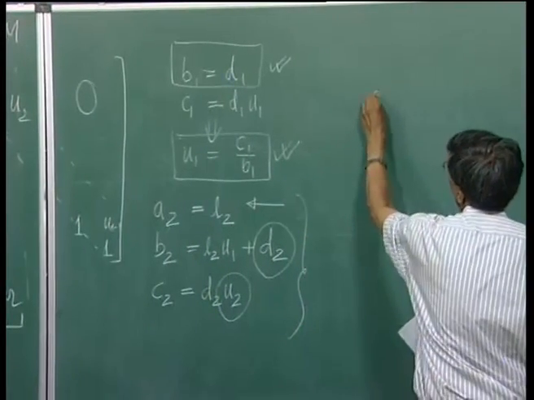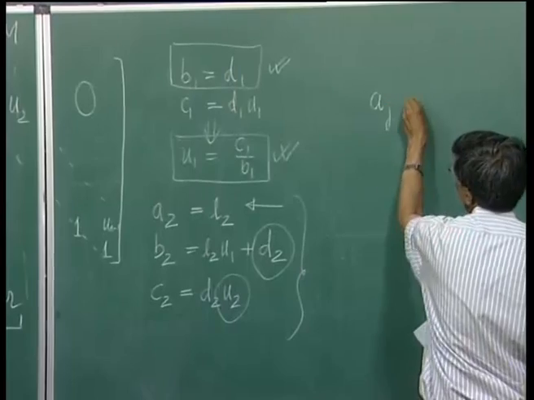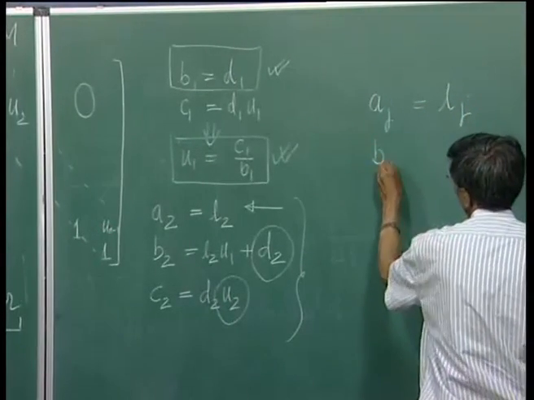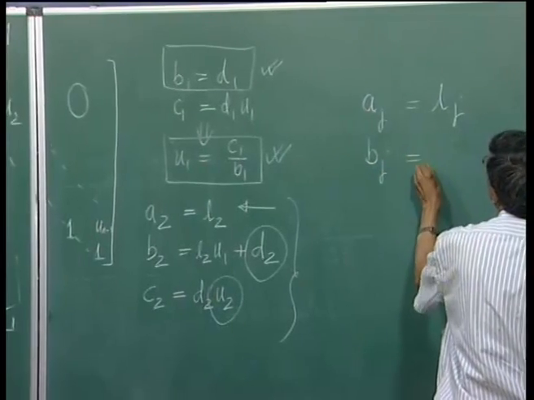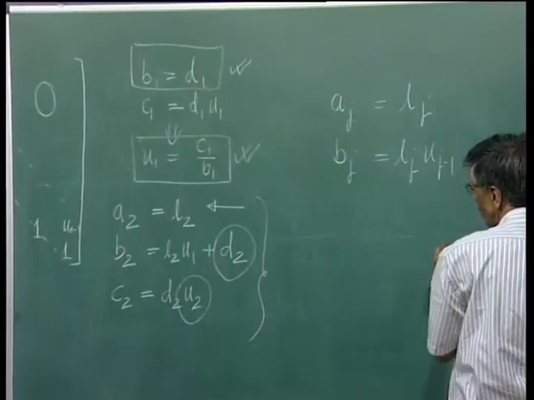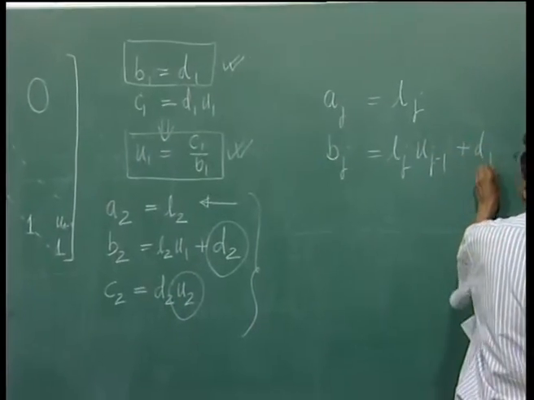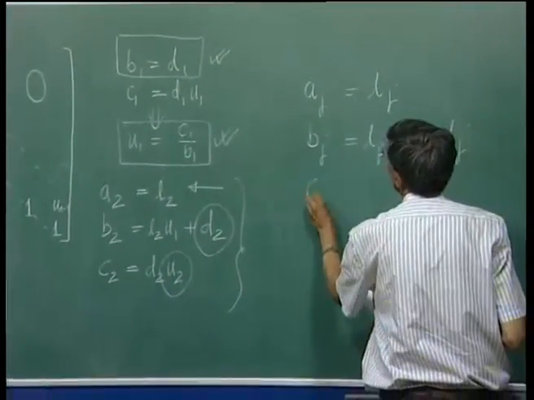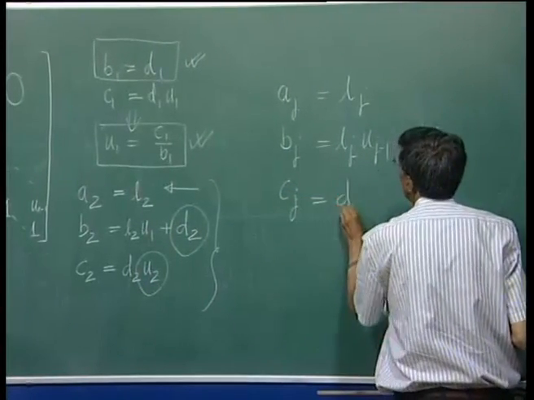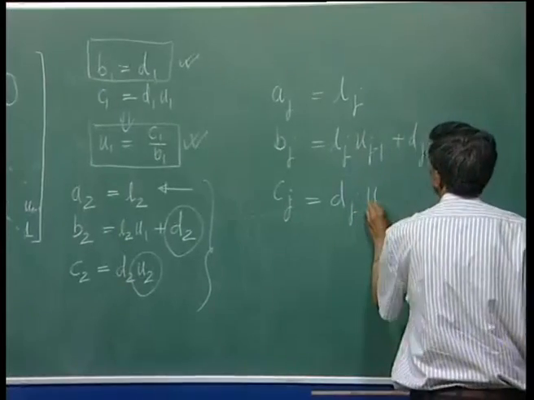For example, we could write Aj is equal to Lj, and then we could write Bj is equal to Lj times Uj minus 1 plus Dj, and Cj is equal to Dj times Uj.